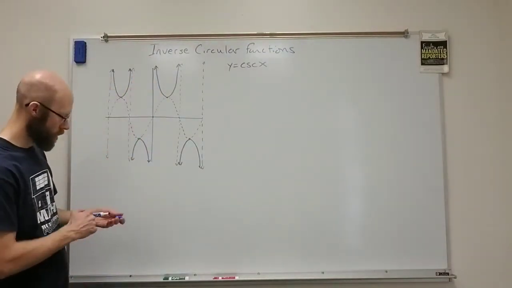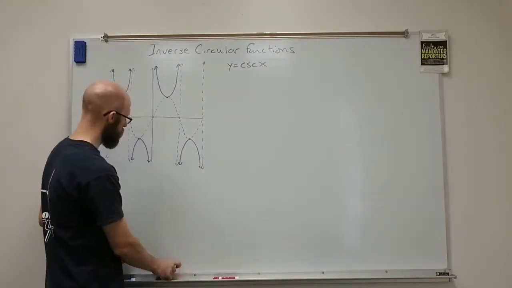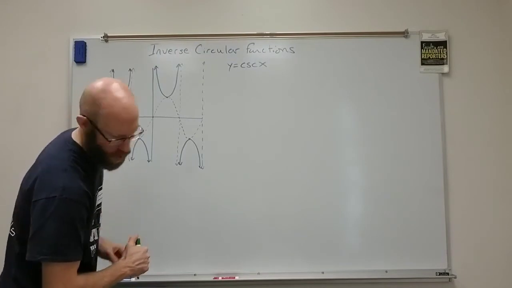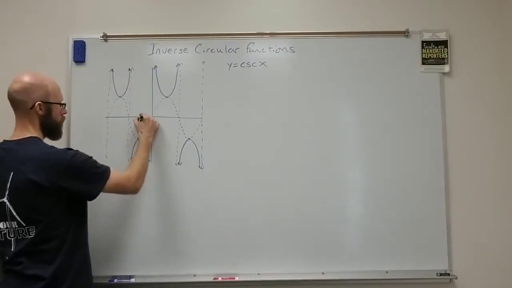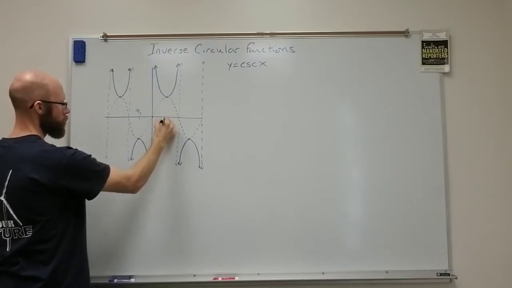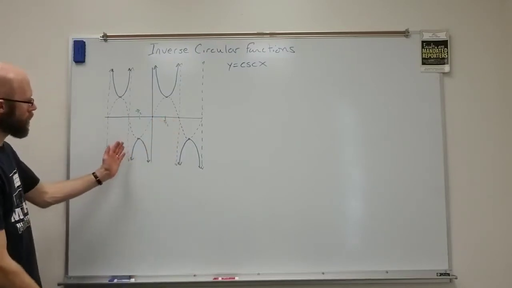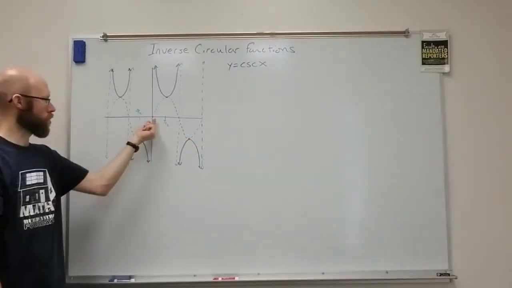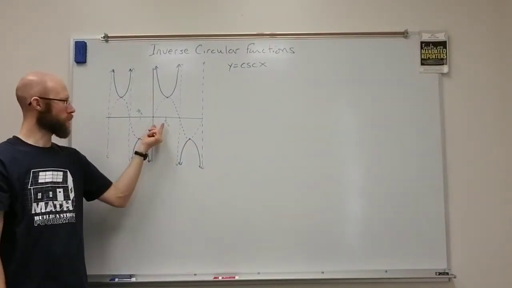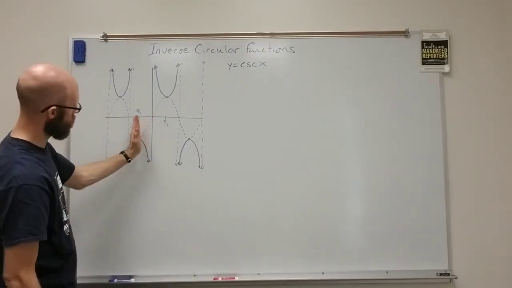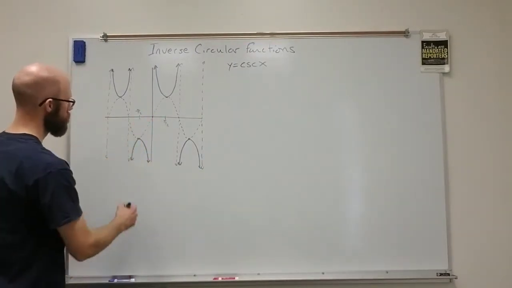So to restrict this down, with the inverse cosecant, we're going to work from negative pi over 2 to pi over 2. The other option would be going from pi over 2 to pi, maybe, but it's nice to include 0, all the first quadrant. We like to include first quadrant angles when we can. So to do that, we're going to have to go left to get the other portion.